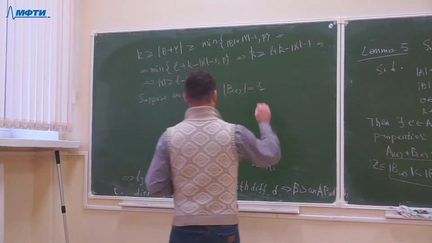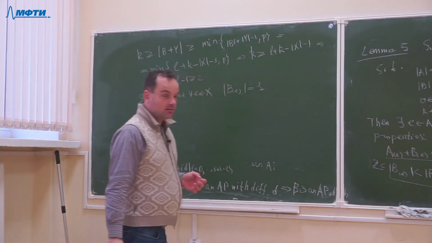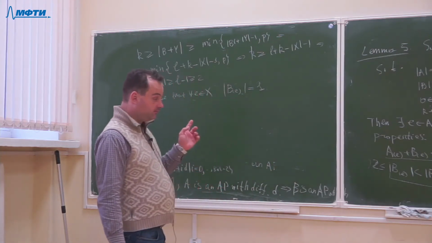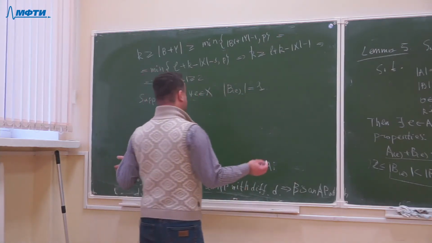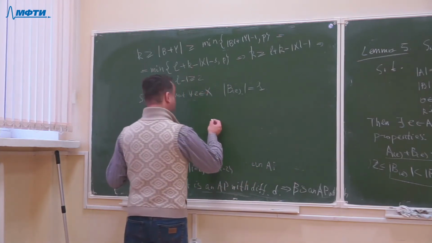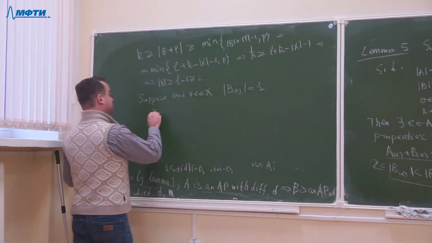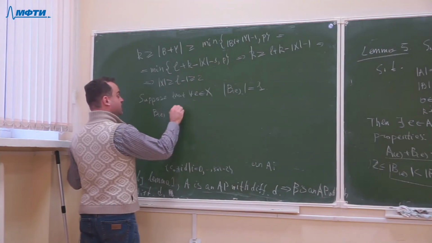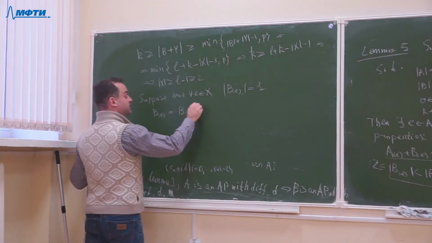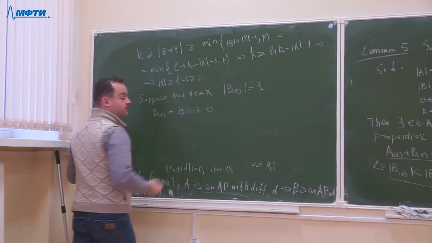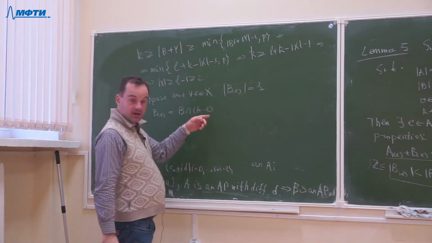Well, look, this B is B intersect A minus E, E an element from A, right?